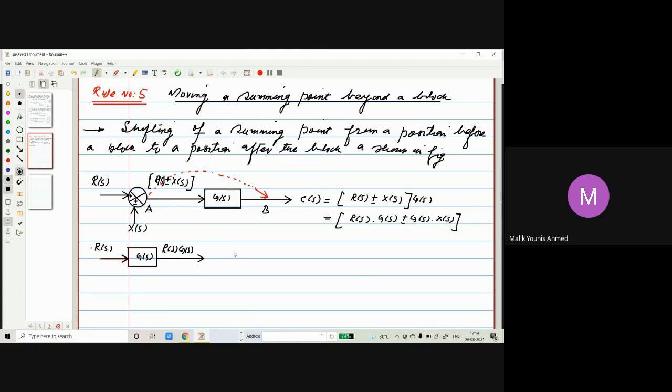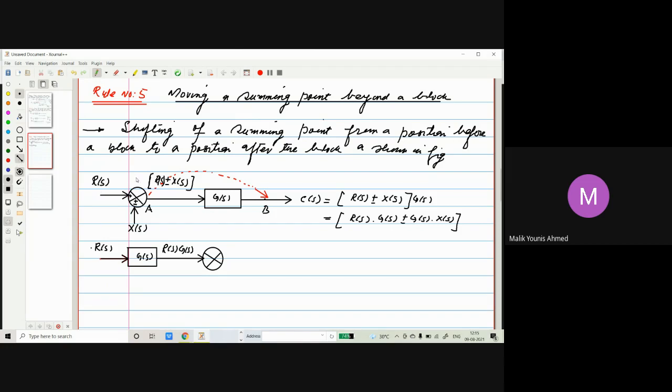Now we have to move it here. Now this input signal will go to what? This input signal will go to the summing point now. Now what will be the summing point scenario now? The summing point level will be this.